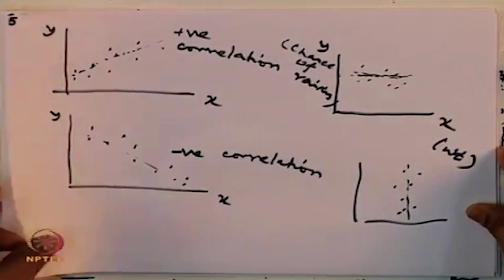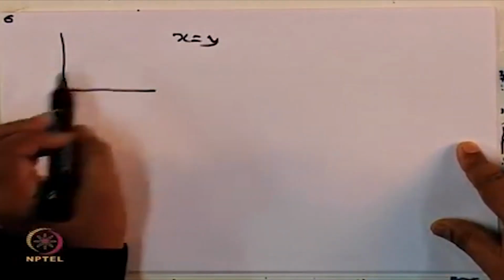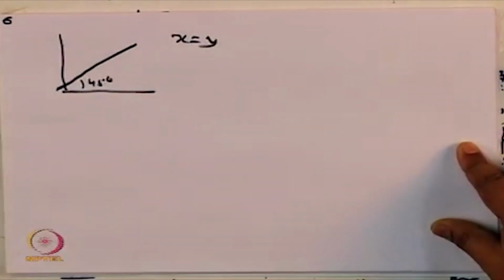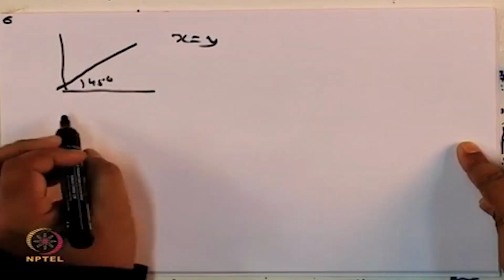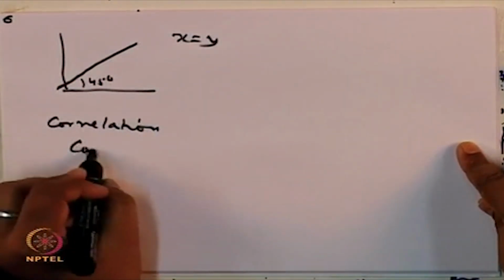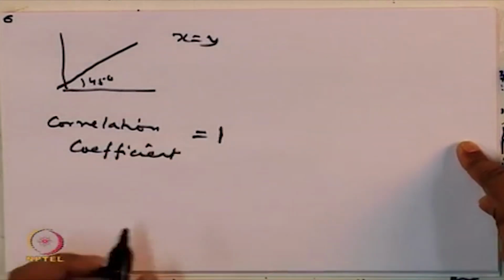Okay. So the mathematical basis for calculating correlation and regression. Let us say in the case x equal to y, you have a function which we know will be a 45-degree line passing through the origin. In this case, you will come up with something called a correlation coefficient, which will come out to be 1.